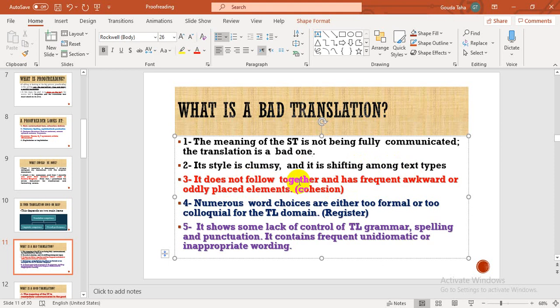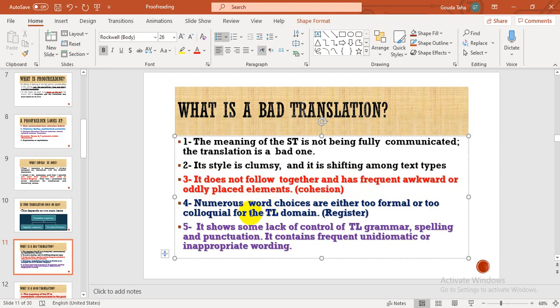It doesn't follow together if the information involved in your text doesn't follow together, and if this information has frequent, awkward, and oddly placed elements. So they are not well connected, they are not progressing logically.